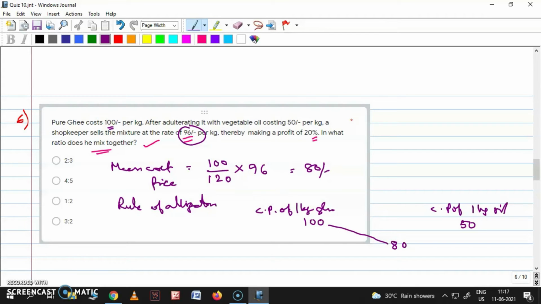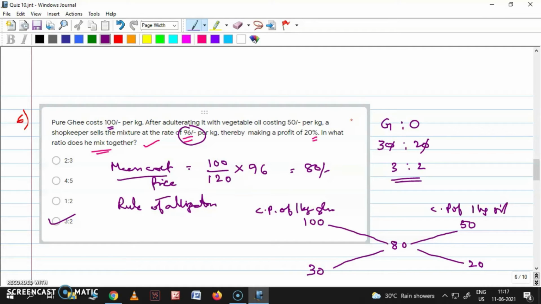Now 80 minus 50 is 30, and 100 minus 80 is 20. So this is the ratio we need to mix: ghee to oil is 30 to 20, which is 3 to 2. We have simply identified the mean cost price and calculated everything. Okay, let's move on to the next question.